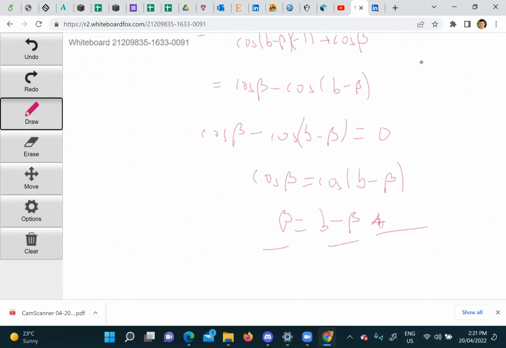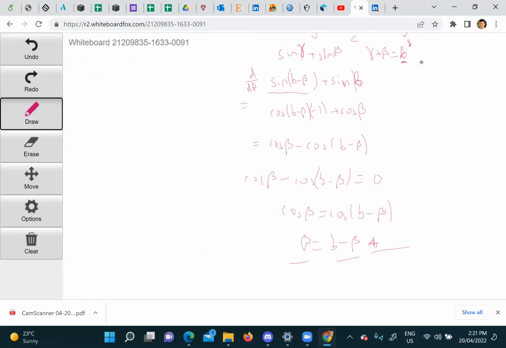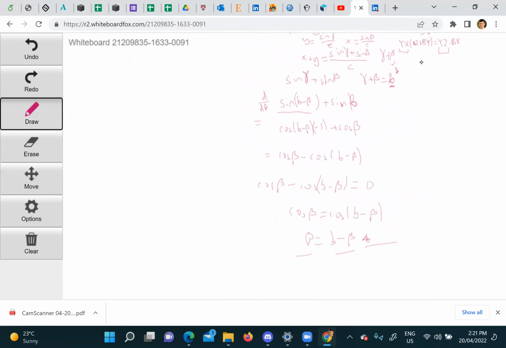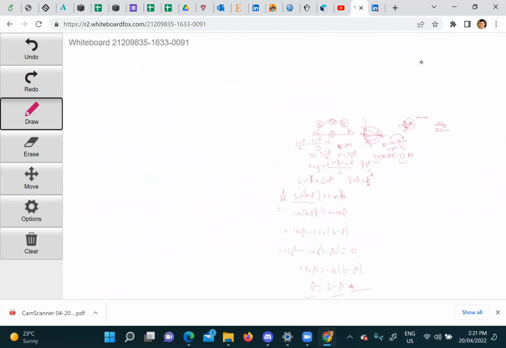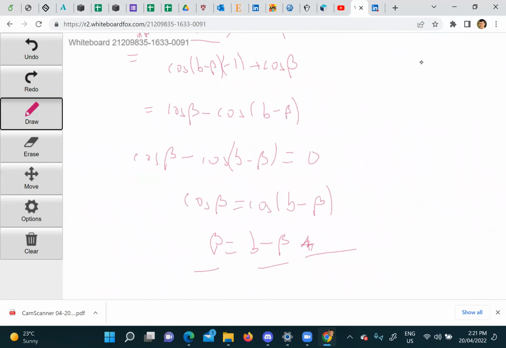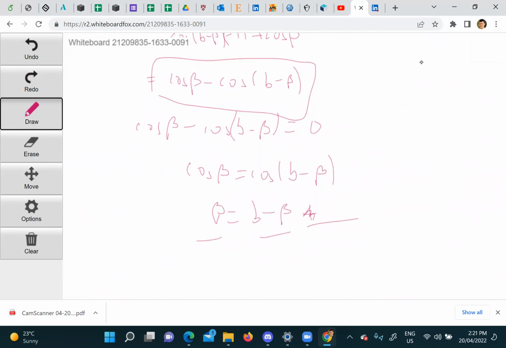So we get this. Alright. Sure. Okay, we've proven it's maximal. Wait, did it work? What happened? I think you get this after you differentiate, and it's maximal when it's 0, right? Okay, yeah. And that's basically sine beta equals sine of B minus beta.